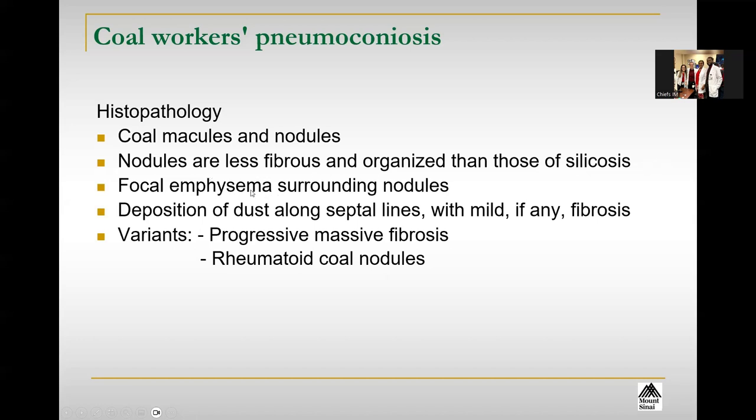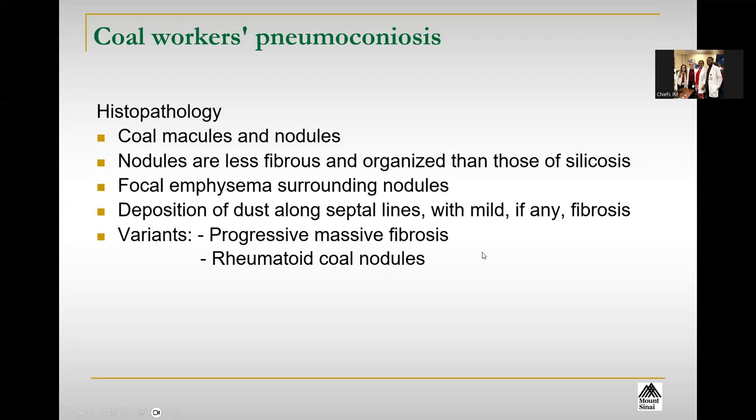And there, surrounding them, there are areas of focal emphysema and extensive deposition of dust along septal lines, but not a lot of fibrosis unless, as I said, there is silica in the deposition in the lung.